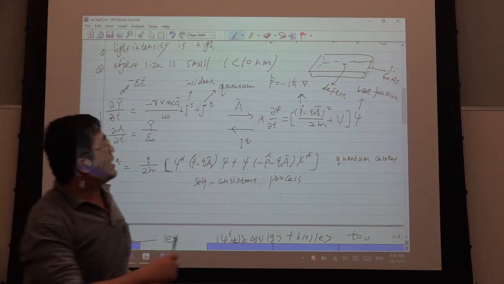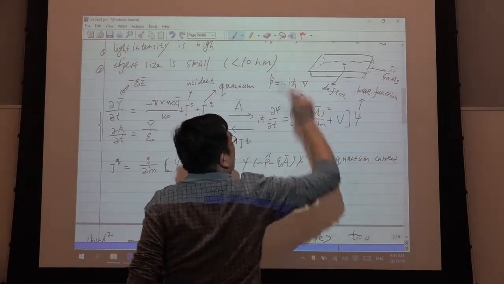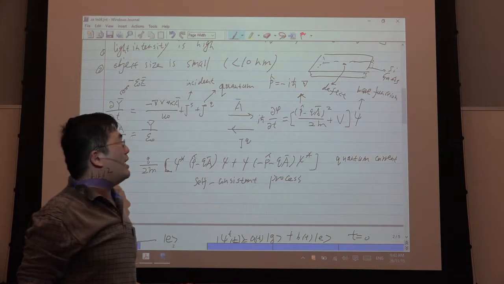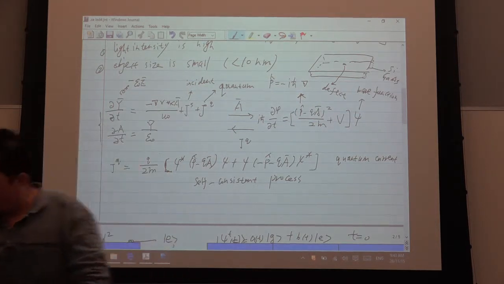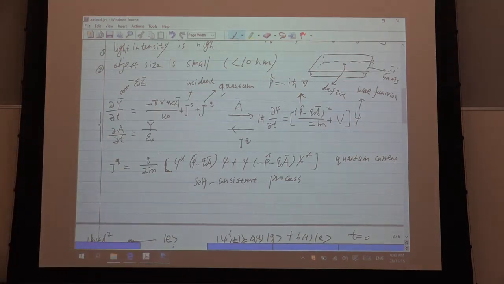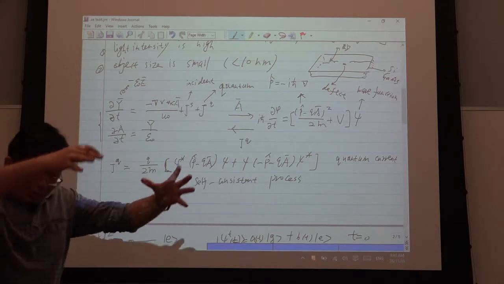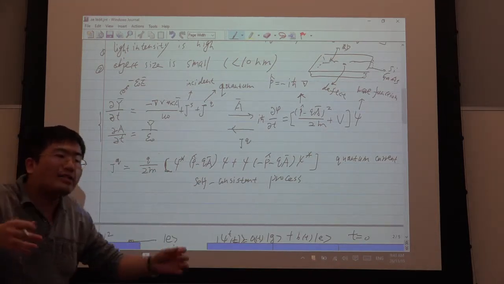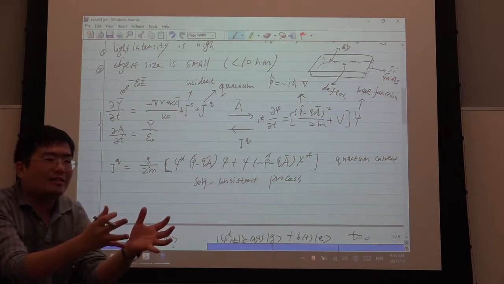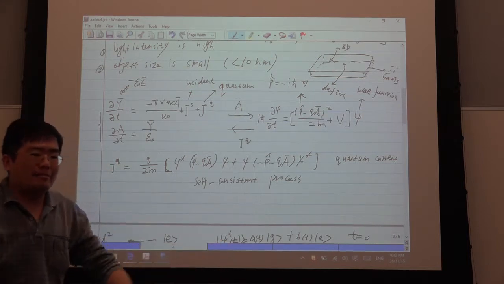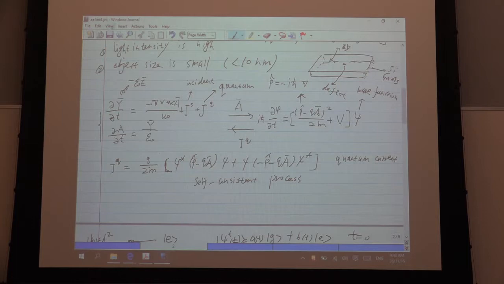But if the object is quite small, like a very small defect, or some quantum dot, they are isolated. You can have many quantum dots, but they are isolated. If you put them very dense, maybe you can use classical EM. This is a key issue.